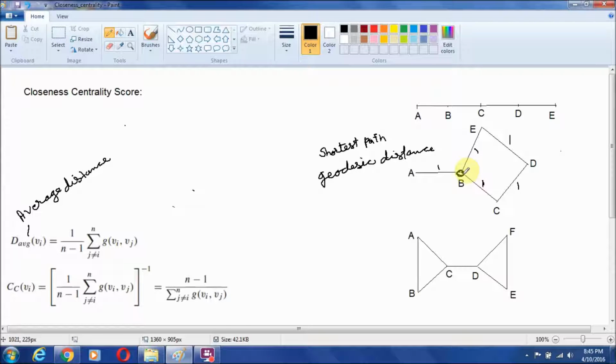Then the average path length from B to all other nodes will be distance AB plus distance BE plus distance BC plus distance BD.